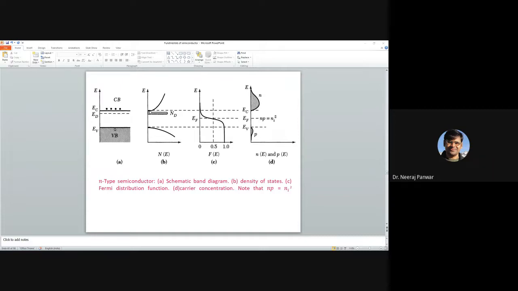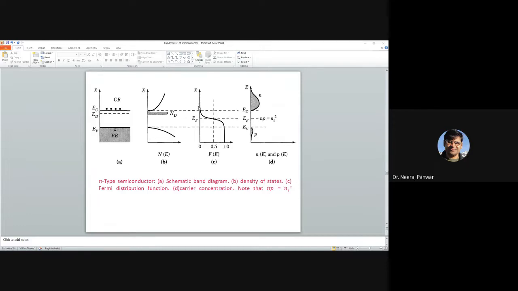Next, we plot the density of states, and the density of states for a three-dimensional semiconductor is proportional to the square root of E. It is proportional to the square root of energy. That's why you see a parabola. For holes it goes like this, for electrons like this. And this is the density of states. It is not too high for the donor concentration, donor atoms.